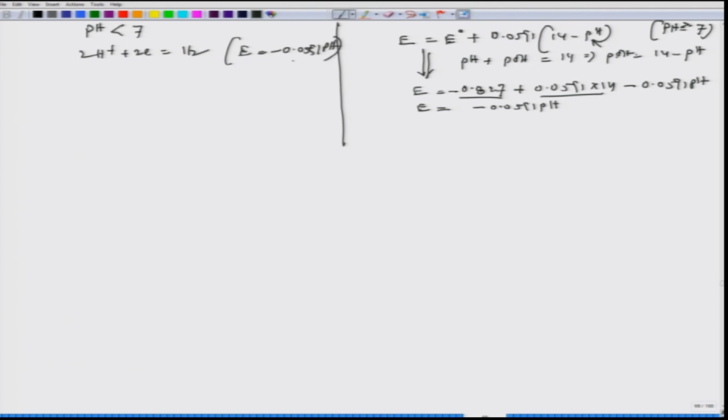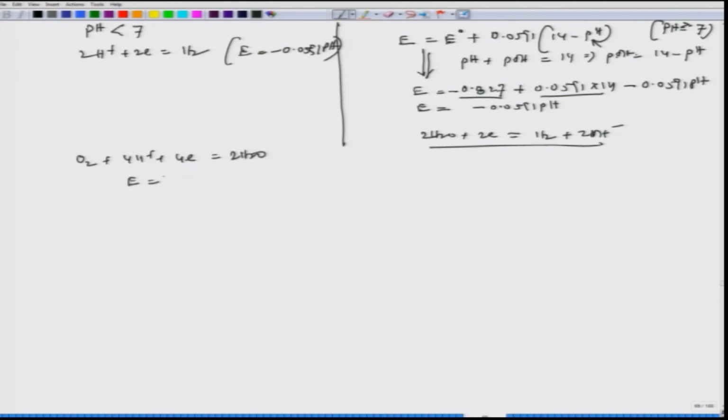That means they will be lying on the same line, but one starts from 7 on the right side of the pH axis, while this reaction would start below 7 pH, and the reaction involving H2O would start when pH is equal to or greater than 7. Now, we had another reaction which is O2 plus 4H plus plus 4e equal to 2H2O.